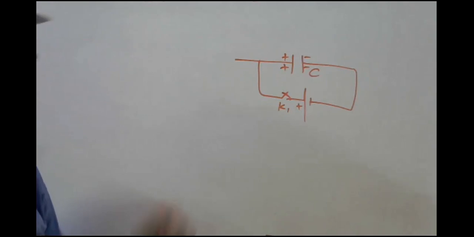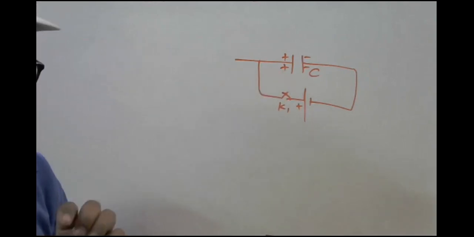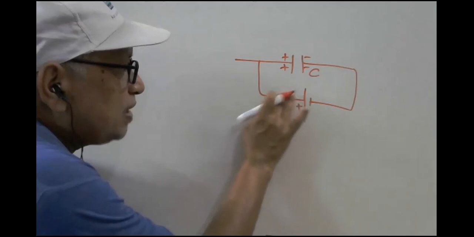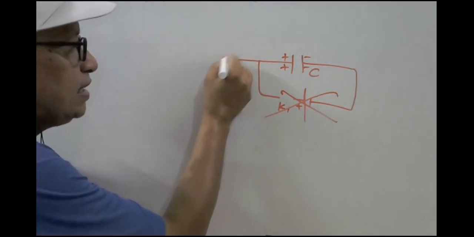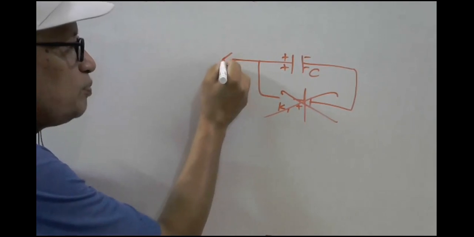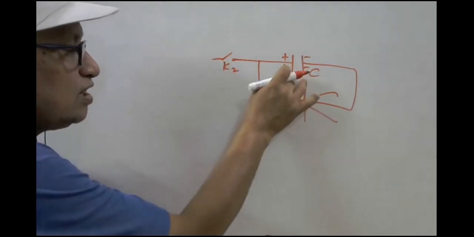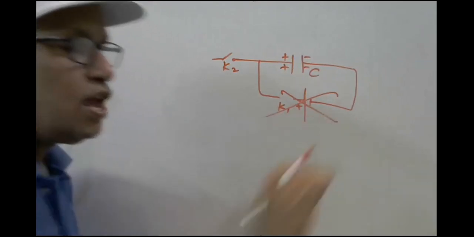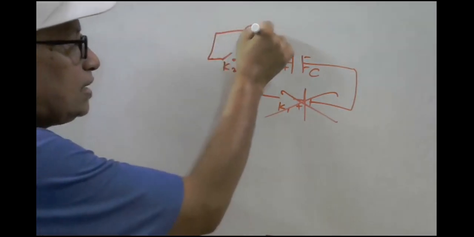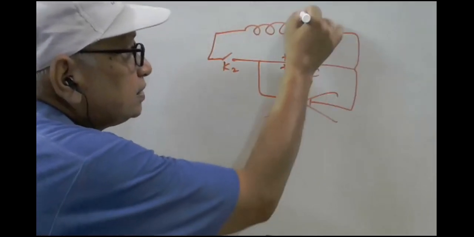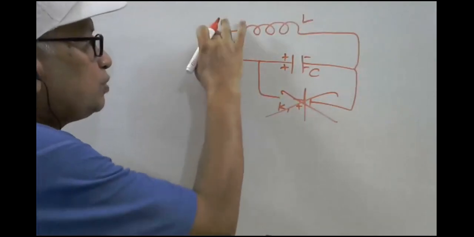After the capacitor is fully charged, we open the key K1 or remove the battery. And suppose there is one more key here, K2, which is open. It is connected to the inductor, and mind that both are pure.